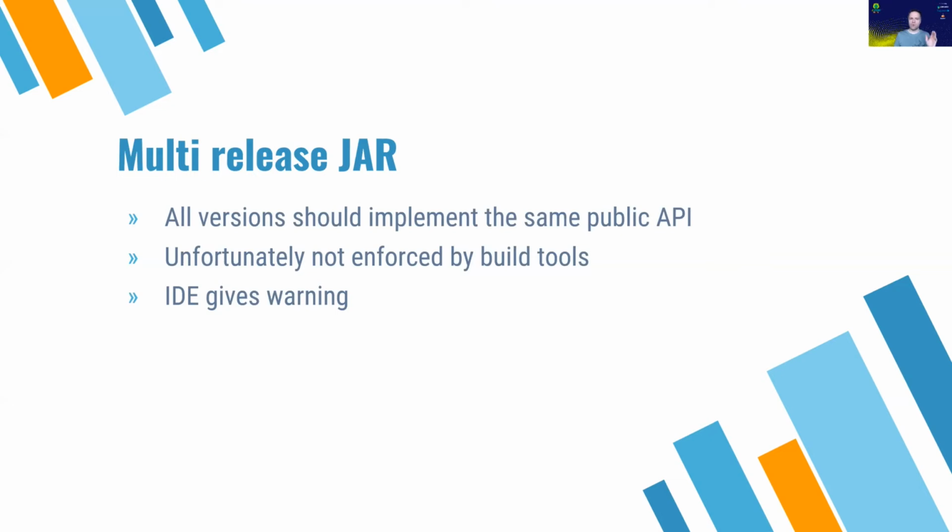So basically, Maven will build it perfectly fine for you if you forget to add the same public methods to all the classes for all the Java versions. You will have some runtime issues when you run it, which is a bit annoying. Luckily, I've seen that within the IDE, in my case, IntelliJ already provides a warning if you do not specify all the public methods.